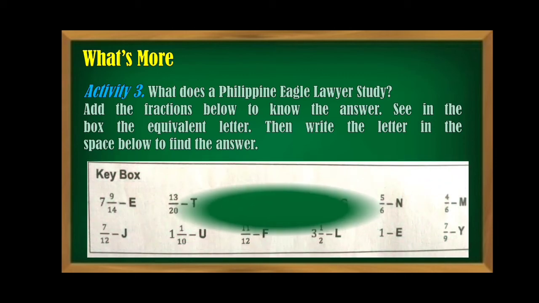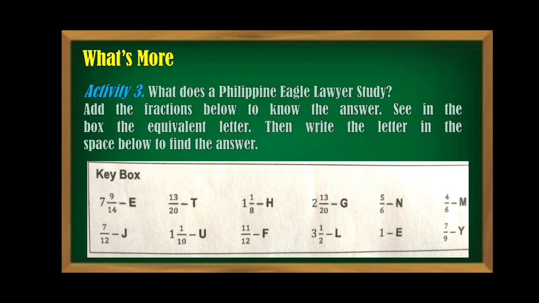So the possible answers are E, which is 7 and 9/14, T, 13/20, H, 1 and 1/8, G, 2 and 13/20, N, 5/6, M, 4/6, J, 7/12, U, 1 and 1/10, F, 11/12, L, 3 and 1/2, E, 1, and Y, 7/9.